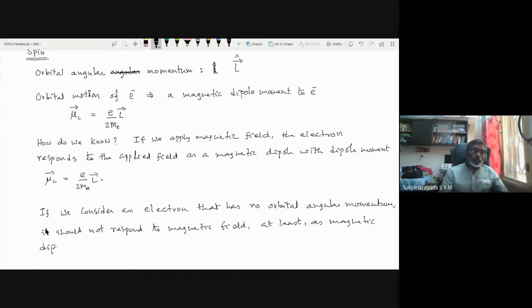You may say that there may be higher order multipole moments, but it should not respond at least as a magnetic dipole.